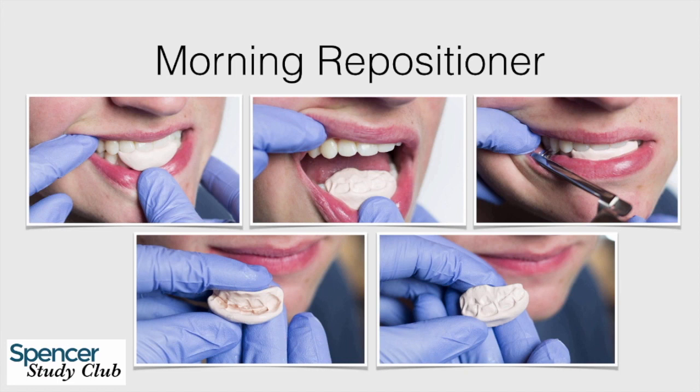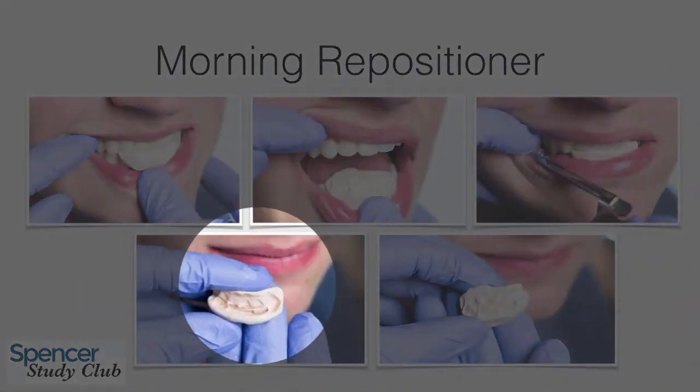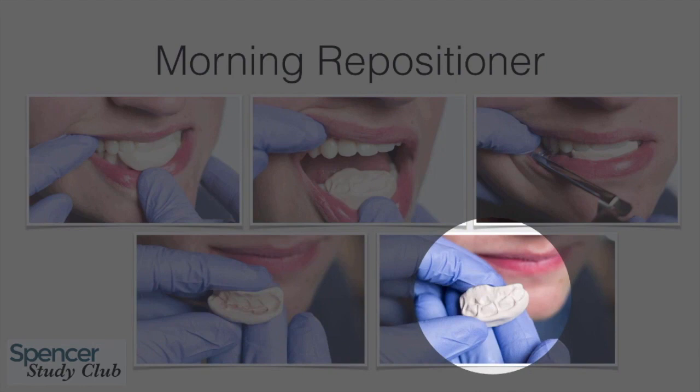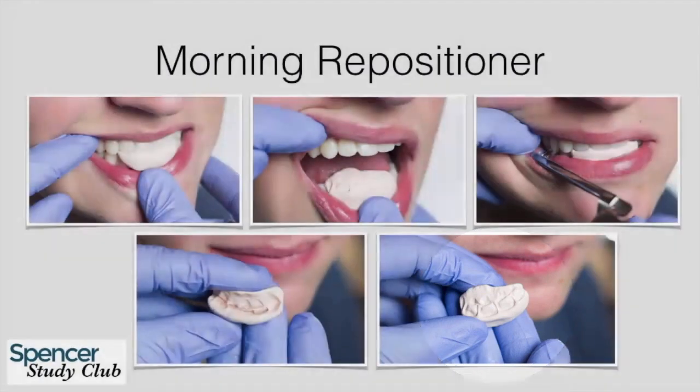That proprioception of you hitting on your back teeth is super important. You also have a record of their lower front teeth, where they were. You have a record of their upper front teeth, where they were. In other words, if everything seats, if everything is going into place, then nothing has changed, or it's all changed as a unit, okay? But this is a fabulous way to make a morning repositioner.